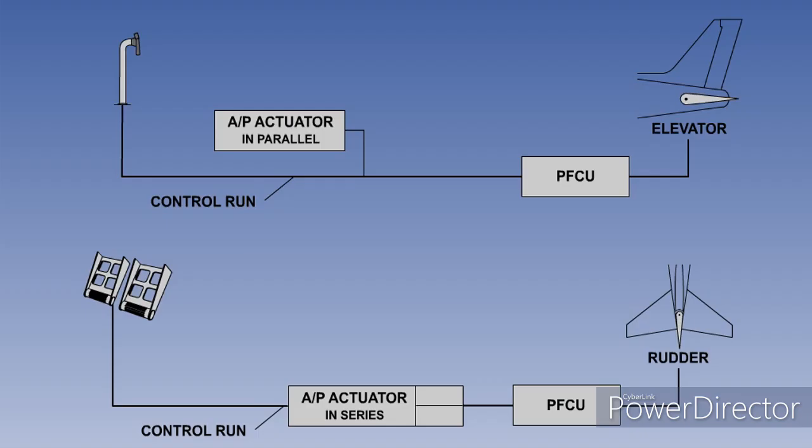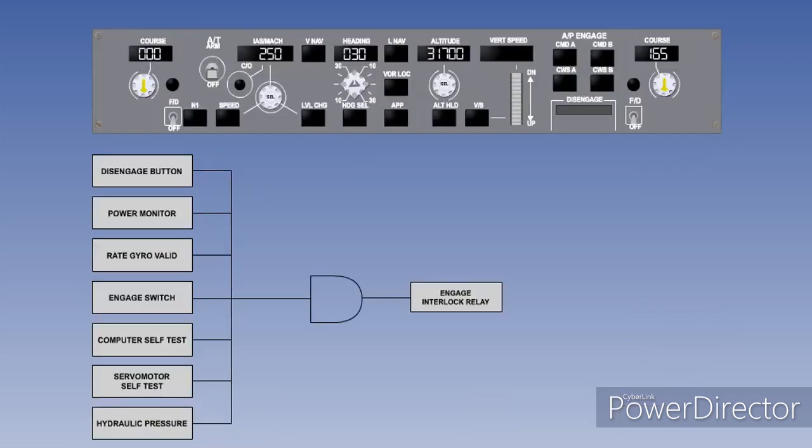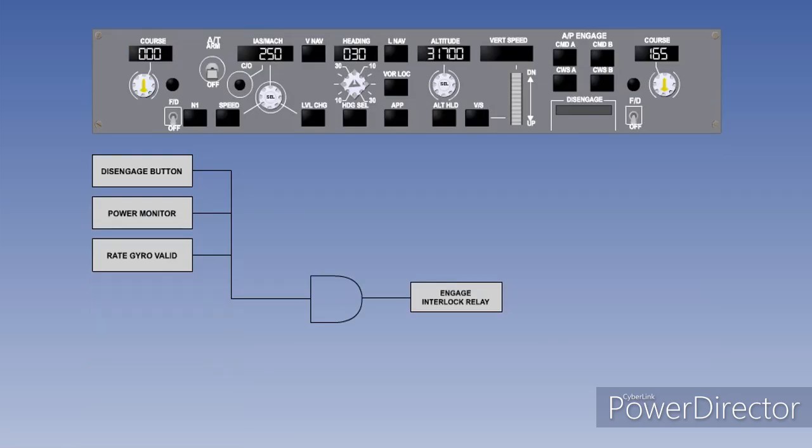During this lesson, you have learned how the autopilot moves the aircraft's control surfaces, the interlocks that have to be made before the autopilot will engage and remain engaged, and the reasons it will disconnect.